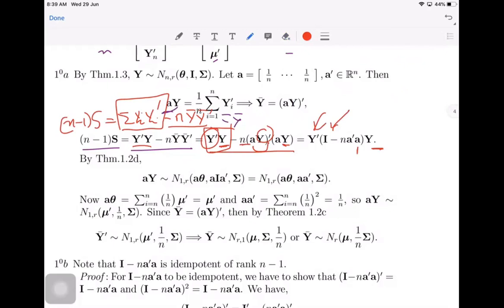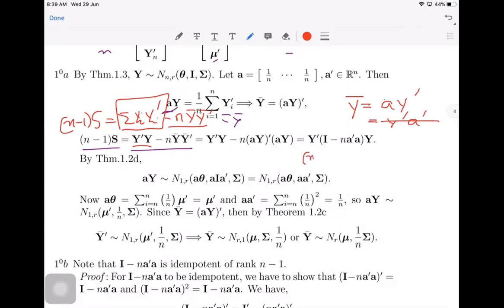So what we are looking at here is that we can express our y bar as a y bar or y prime a prime, but we do not want this form because what we want is a function of a times y, and then we can write n minus 1 S to be y prime, I minus n a prime a, y.